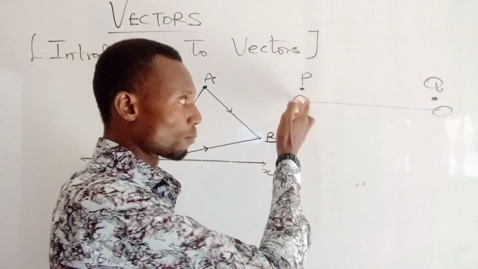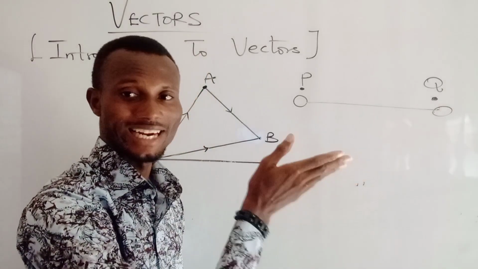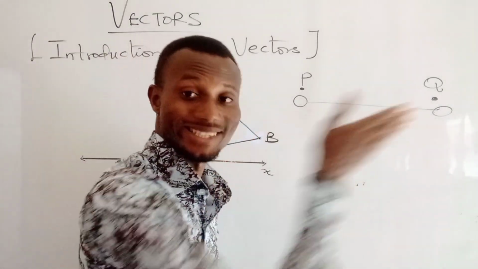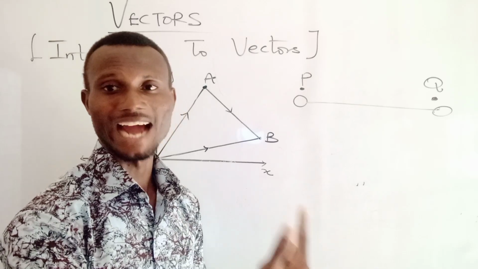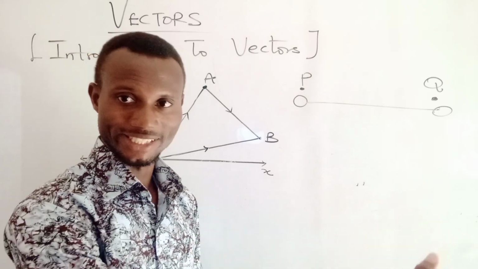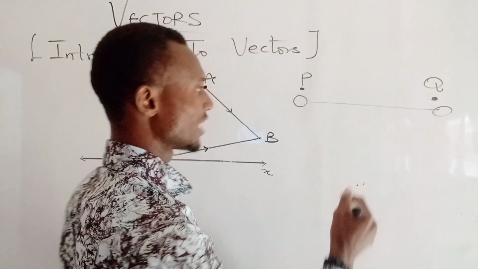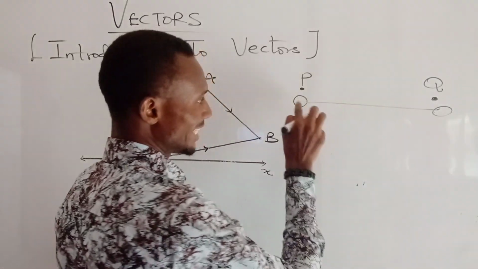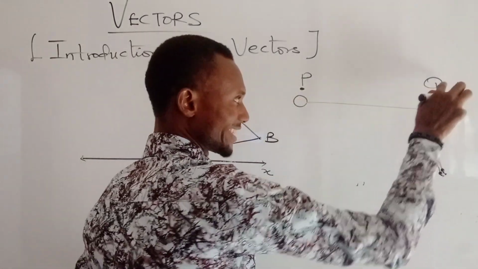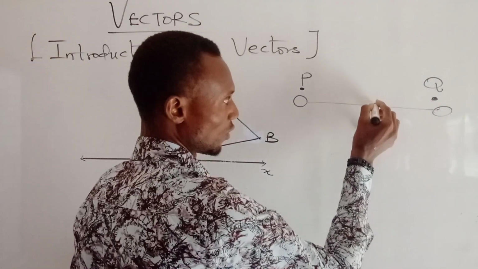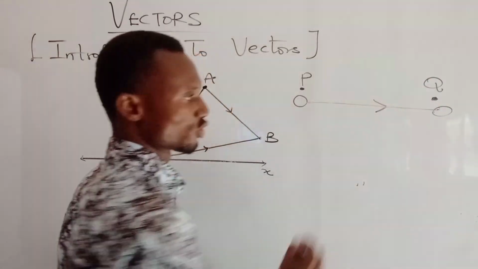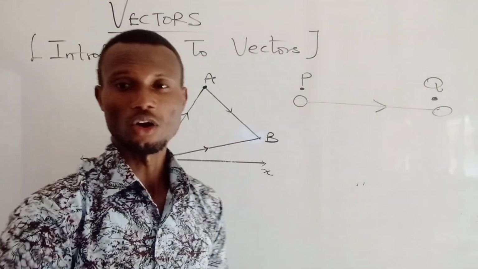The ball moved from point P to point Q, so the direction was towards point Q. And how do you represent the direction? We use an arrow to show the direction of the vector. Moving this ball from point P to point Q, we can see that the direction is from this point to point Q. So we use an arrow to represent the direction of the vector.